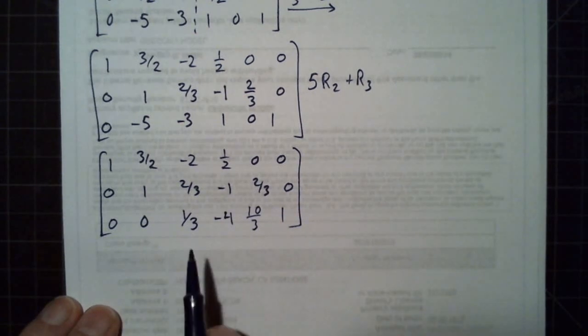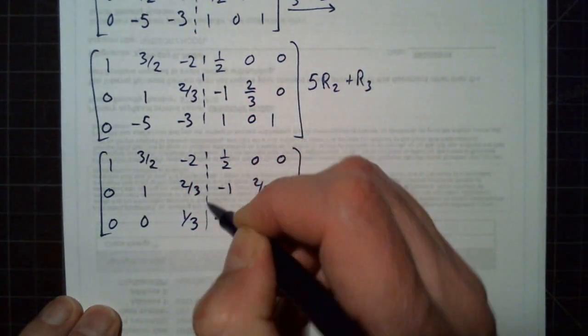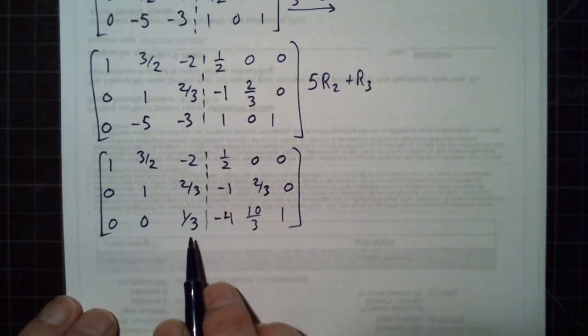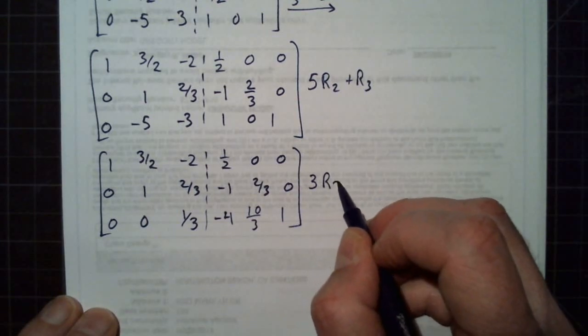And then we want that to be a 1, so we're going to multiply by the reciprocal, 3 row 3.